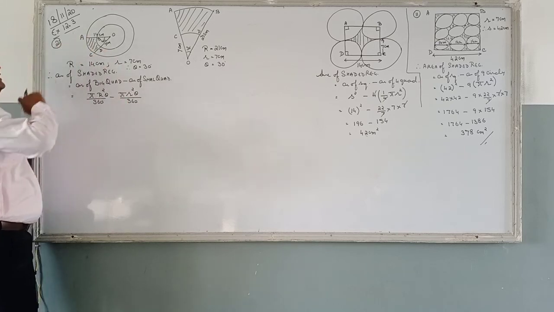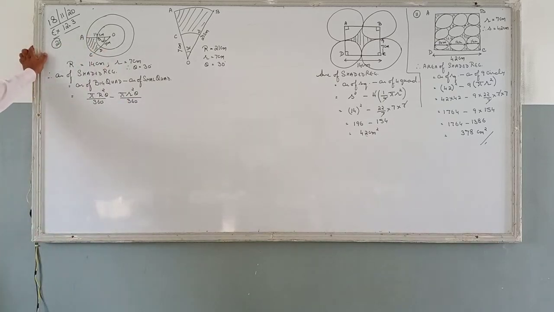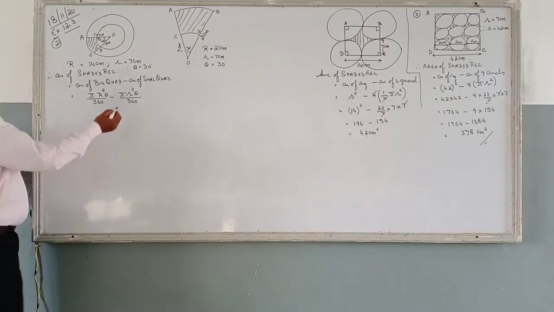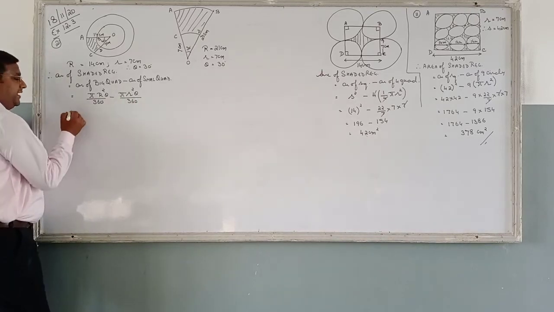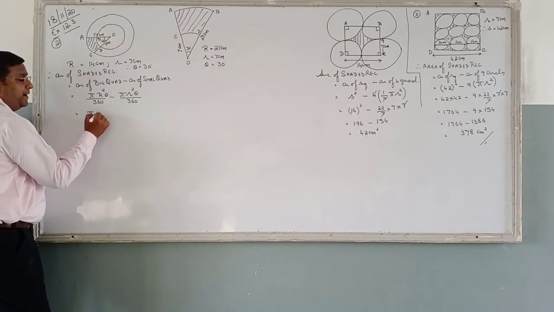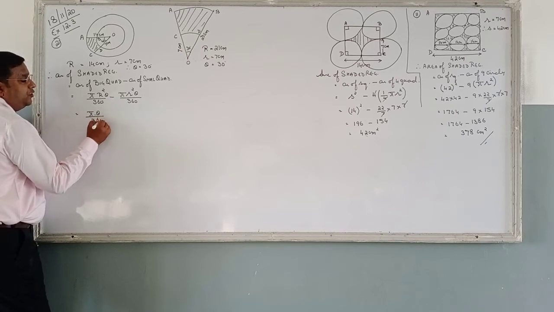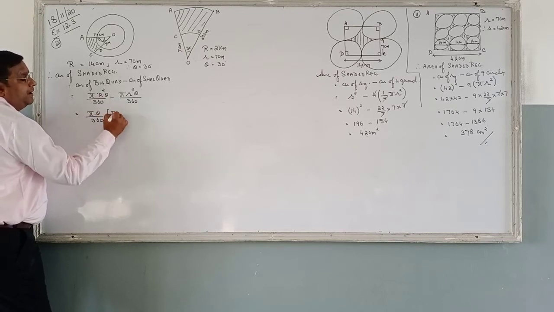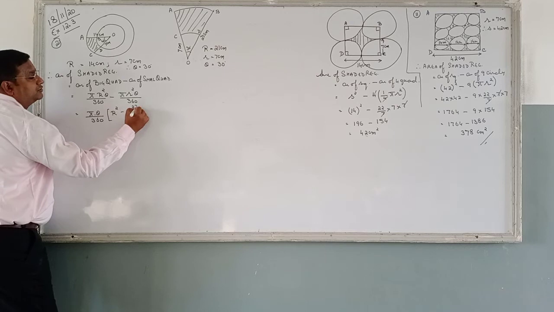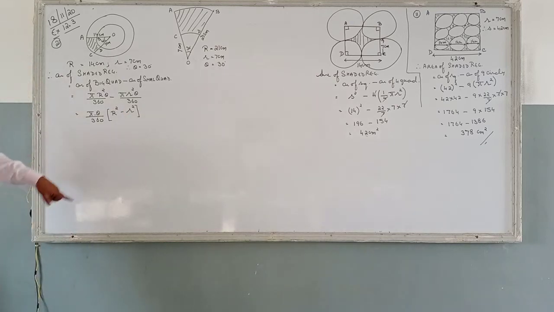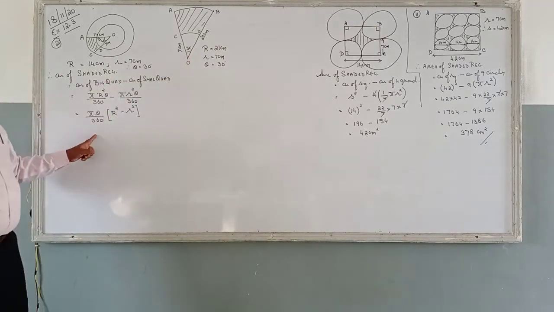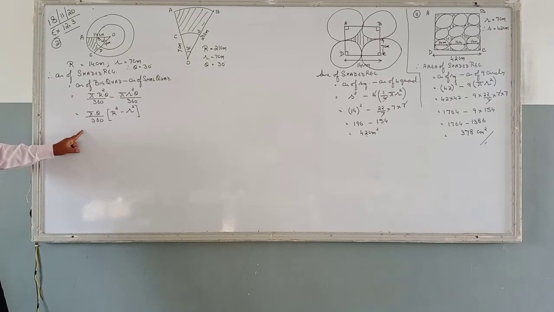It is not a quadrant, it is a sector. Right? We can simplify our terms. How? We can take pi and theta upon 360 common. What is left? Capital R square minus small r square. Same formula, only the figures change, nothing else.